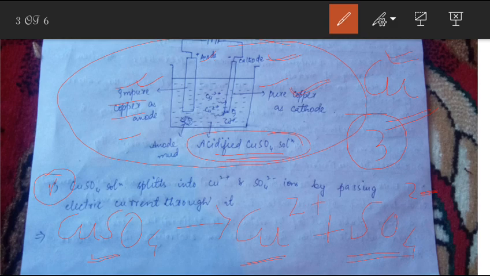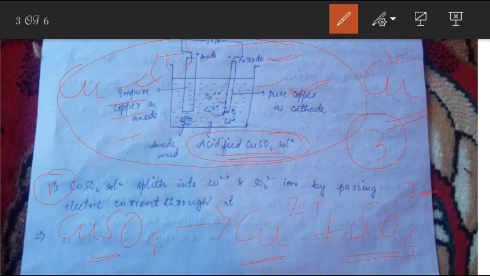Number second, as you know that the anode is impure copper and the charge of the anode is positive. Anode is positively charged. Positively charged means it is short of electrons. It needs electrons to become neutral. Copper is neutral and its valency is 2.